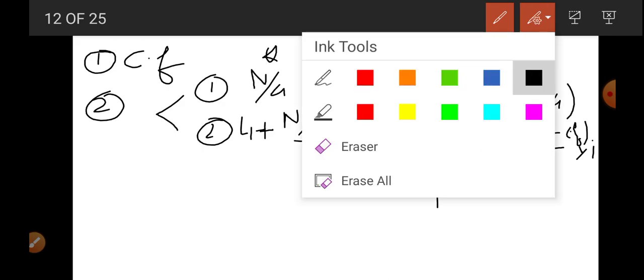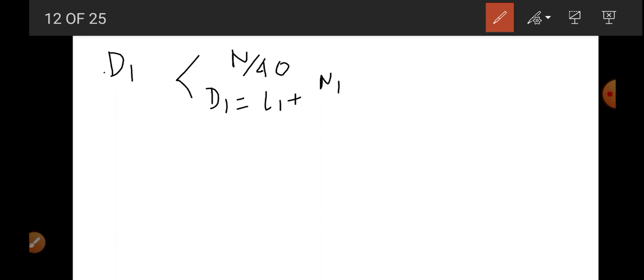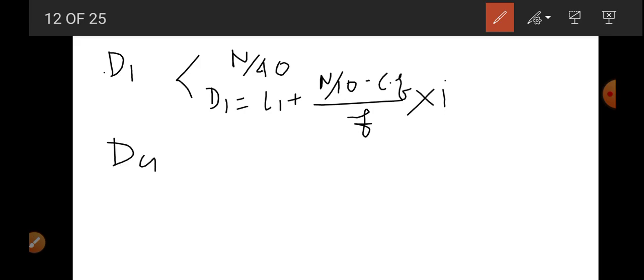Okay, and now for decile, if we want to calculate D1, the first equation is going to be n upon 10, and for the exact value we are going to write D1 is equal to L1 plus (n upon 10 minus CF) upon F multiplied by I. If we want to calculate D4, the first equation is n upon 10, and outside you write 4.